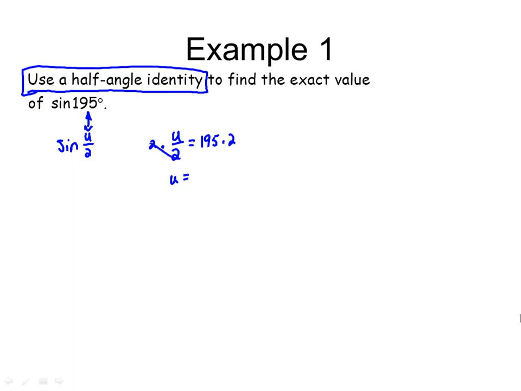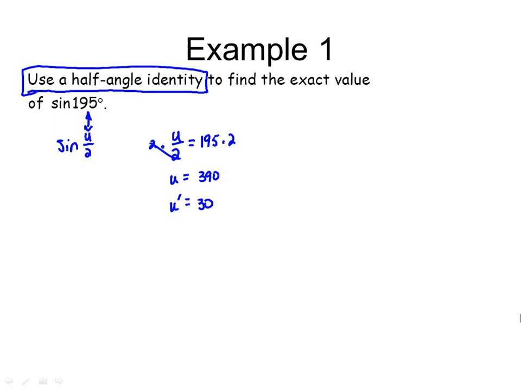What is U equal to? 390 degrees. Can you find a reference angle for 390 degrees? What is it? 30. Now all of that came from chapter something or another, way back in the early part of the semester. So U is equal to 30 degrees.